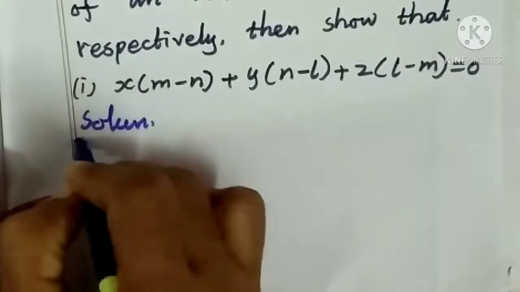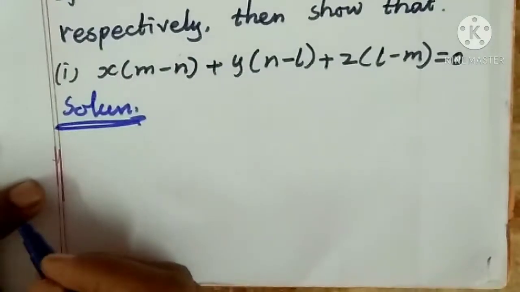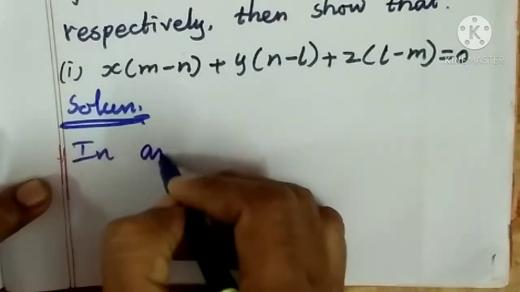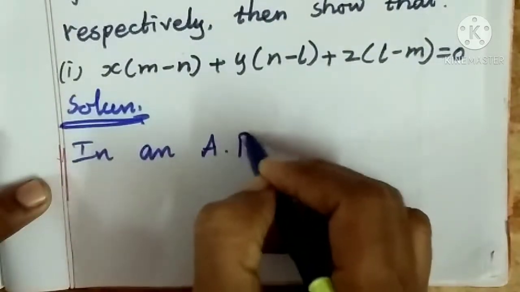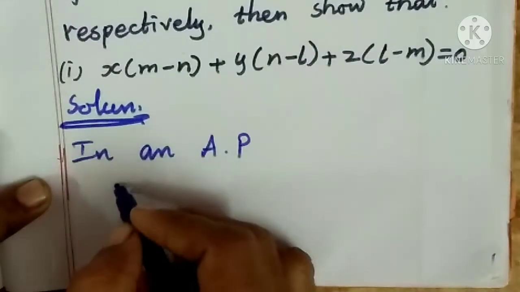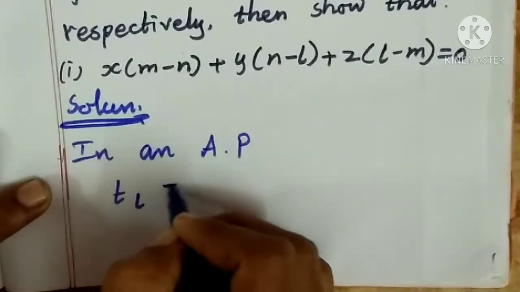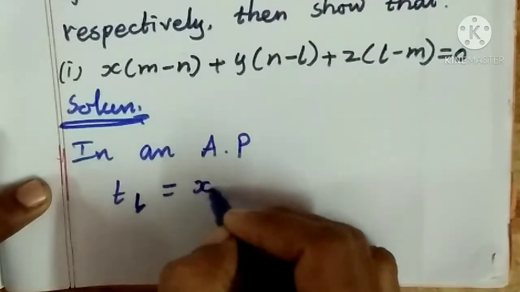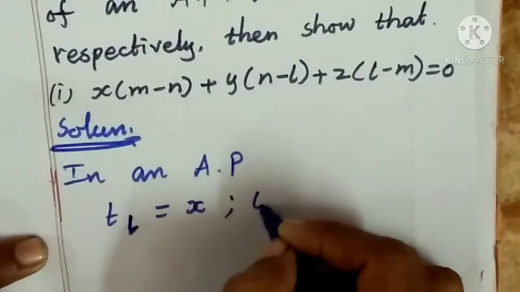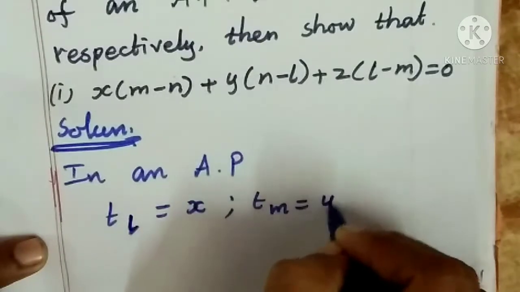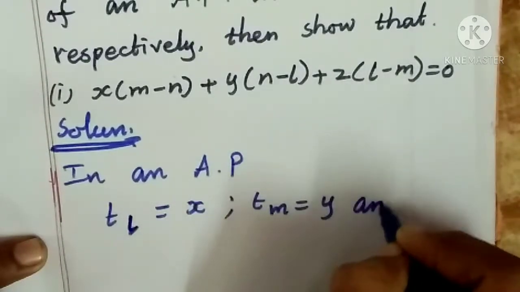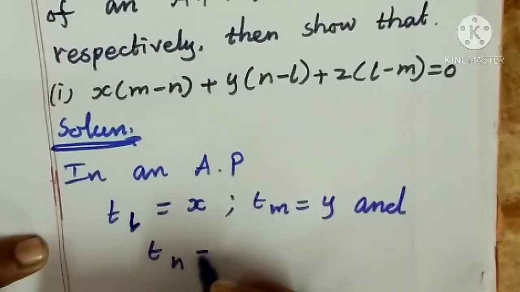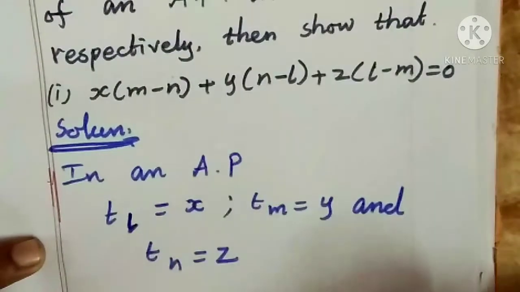In solution, first you take down and write the given. In an AP, TL is equal to x and Tm is equal to y and Tn is equal to z.